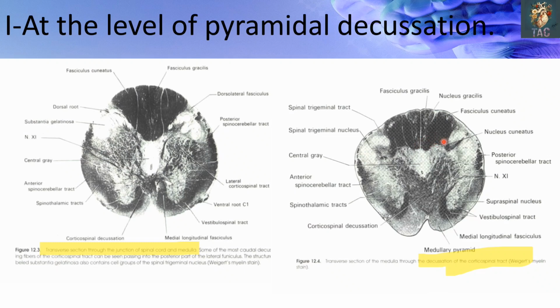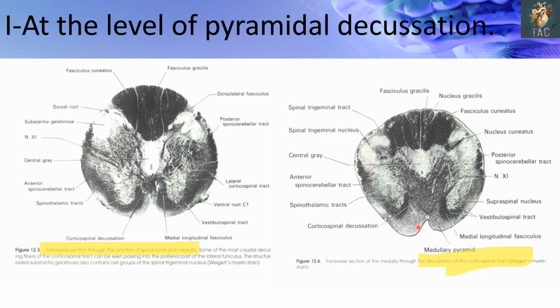Also, after the nucleus cuneatus, the accessory cuneate nucleus will be present, and you can also see the other tracts present here: the posterior spinocerebellar and the anterior spinocerebellar tract.